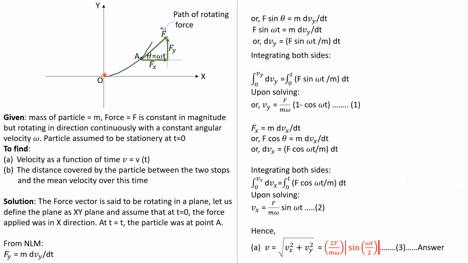This force is continuously rotating, though its magnitude is constant. Its direction is continuously rotating. So at t = 0, the force is in the x direction. As time elapses, the force vector will keep on rotating, so the particle will take a path like this on which it will traverse.